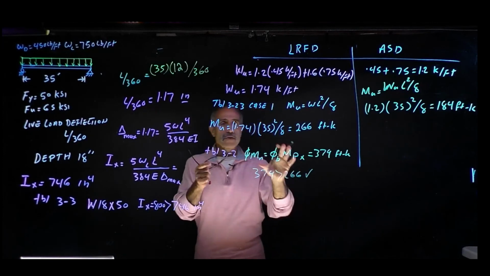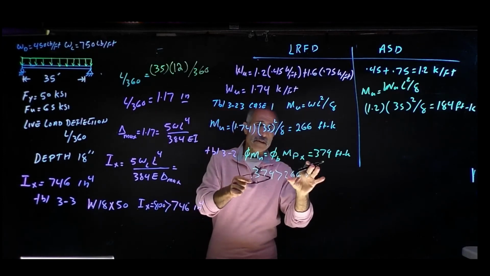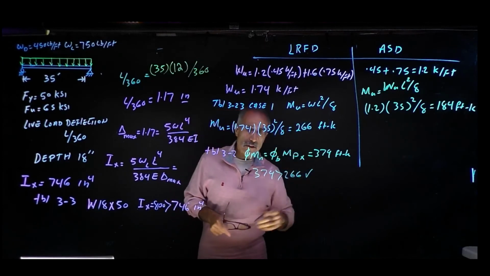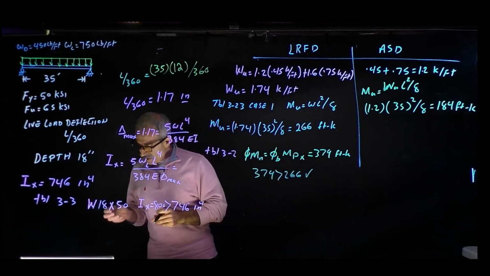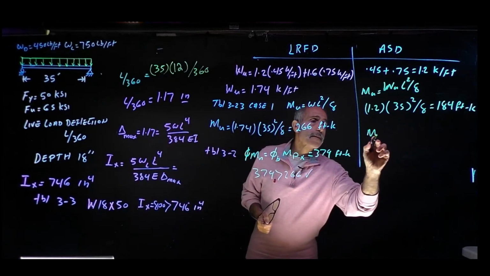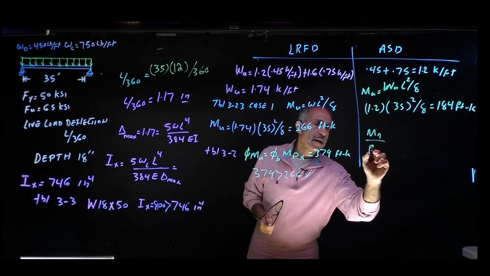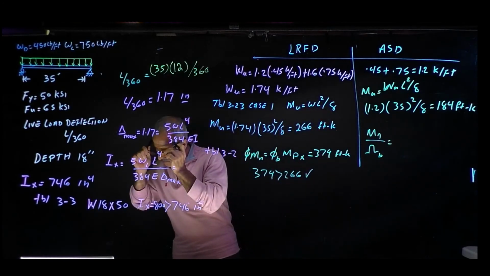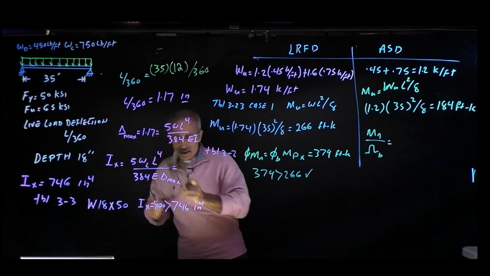This is in load resistance factor design. If we look at the same table 3-2, we can find the next column, Mn divided by omega b, which is the same as Mpx divided by omega b.